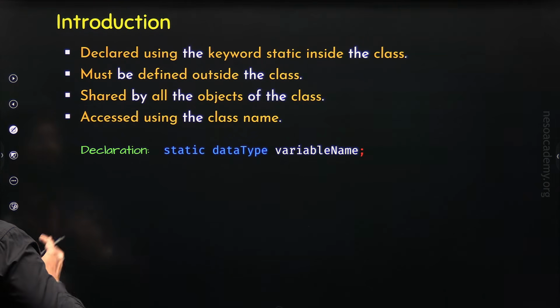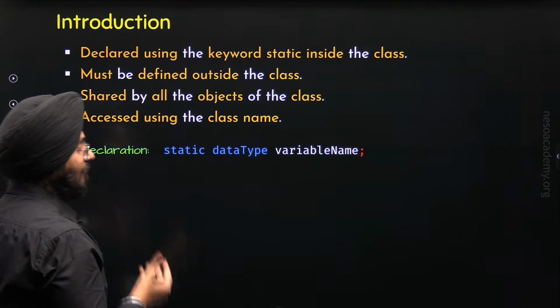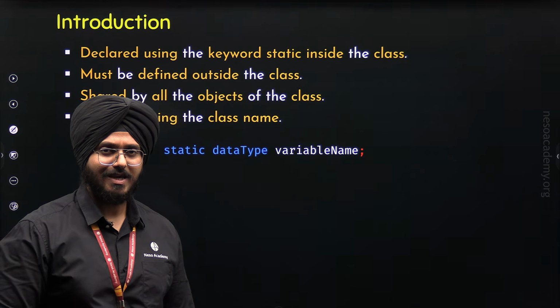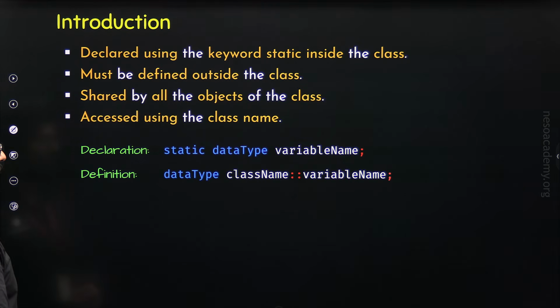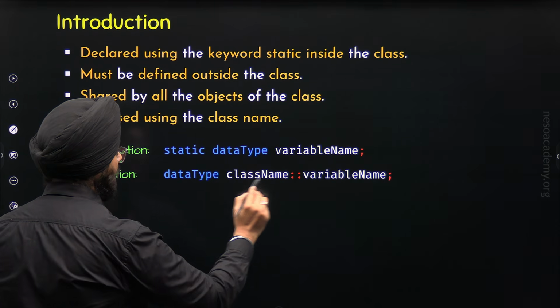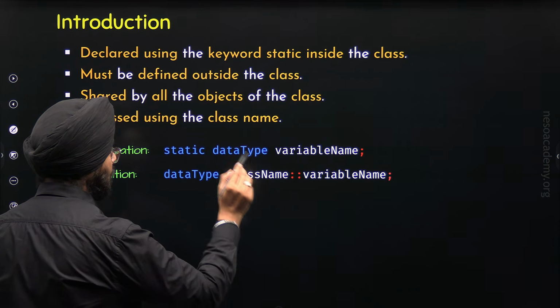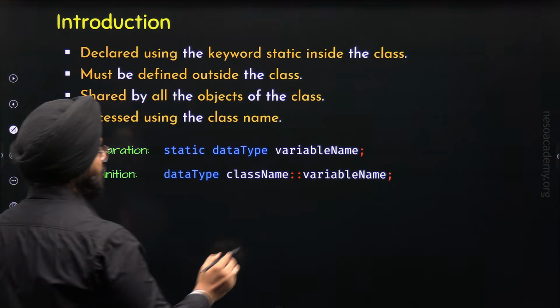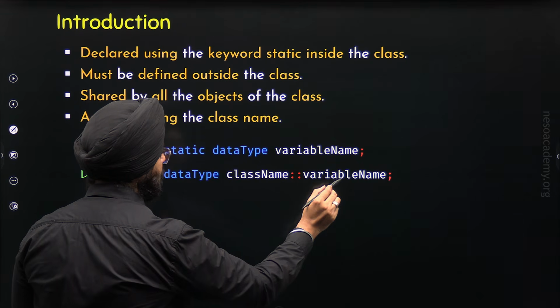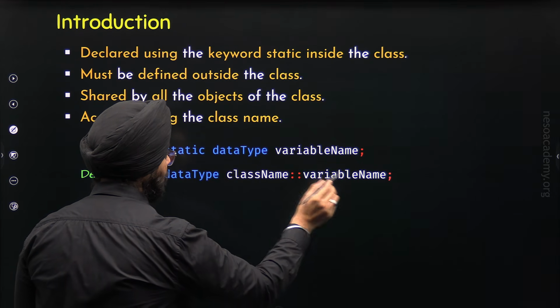Now, what about its definition? How can we define a static data member outside the class? This is the syntax we can follow. First, we need to specify the data type. Then after this, the name of the class to which it belongs. After this, with the help of the scope resolution operator, we can define our static data member.